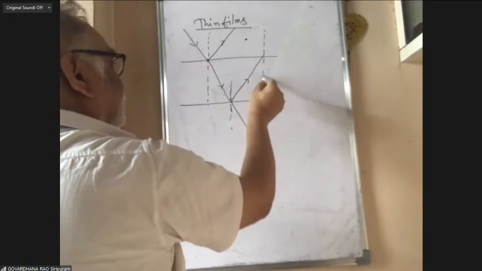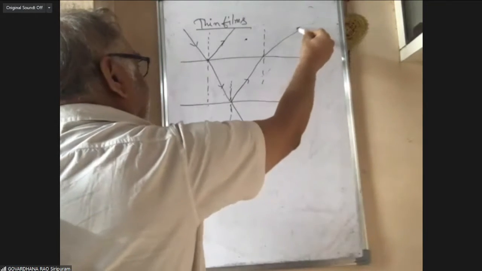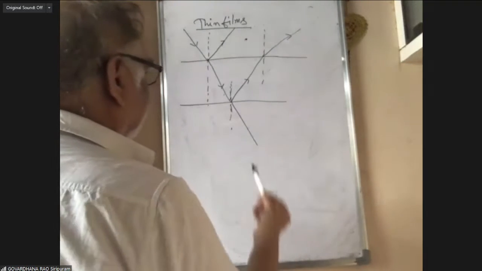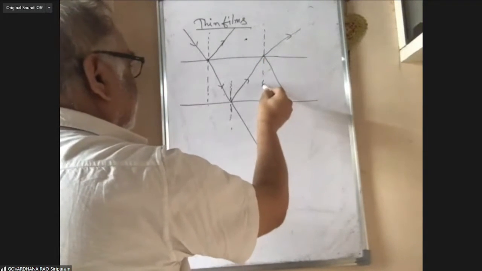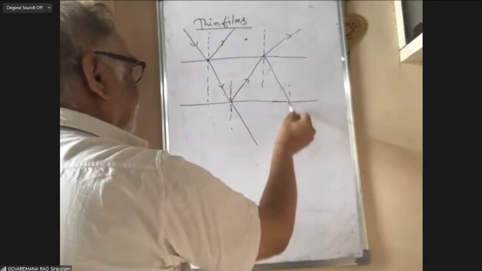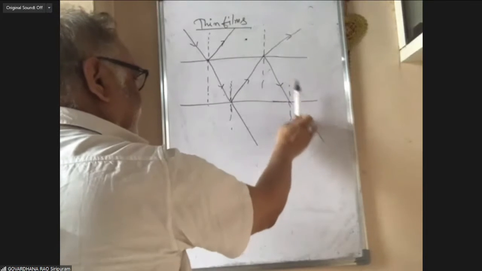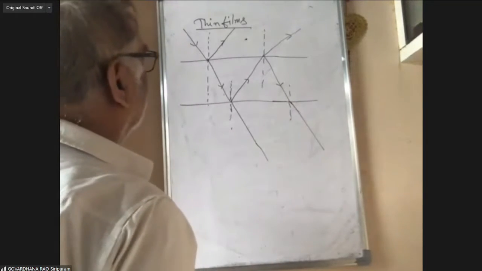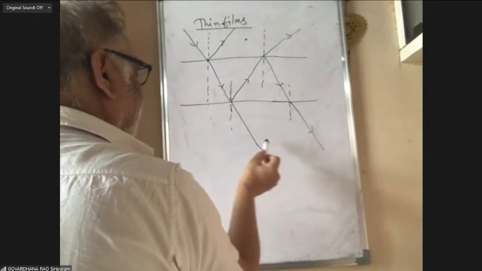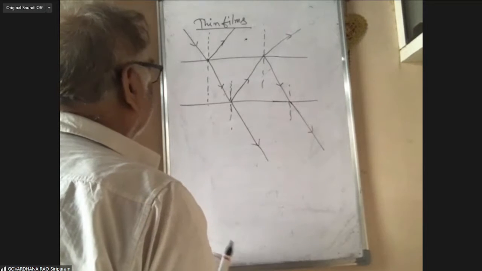Here again the ray comes out. Here again it undergoes reflection. Again the ray comes out like this. Okay.